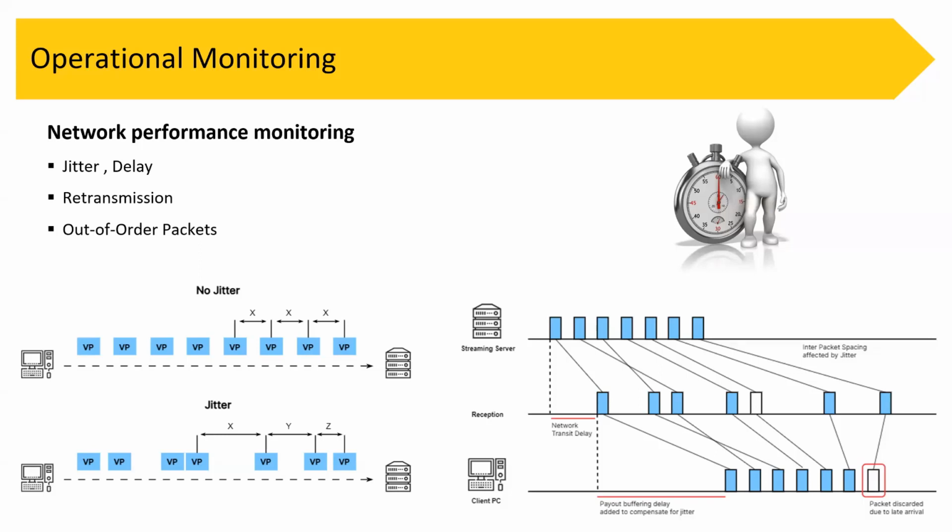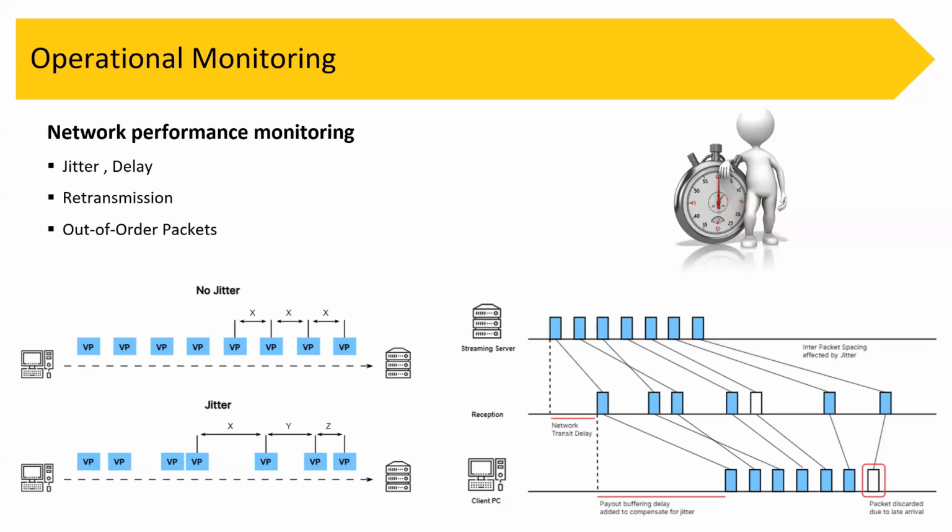Until then, not a problem, because when the routers or switches in between are able to keep these packets in the buffer and release them in the right order, it's fine. When the buffer is full and there is no space anymore, or it takes too long before the right packet is there, then these packets are dropped.